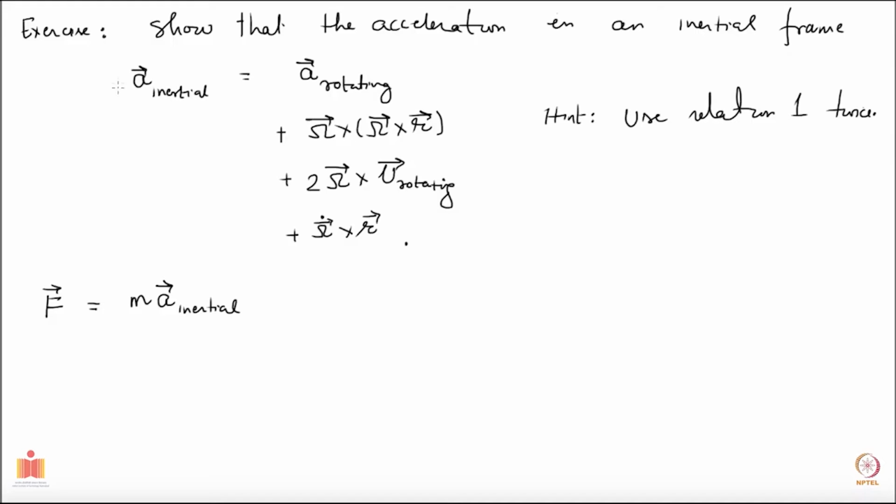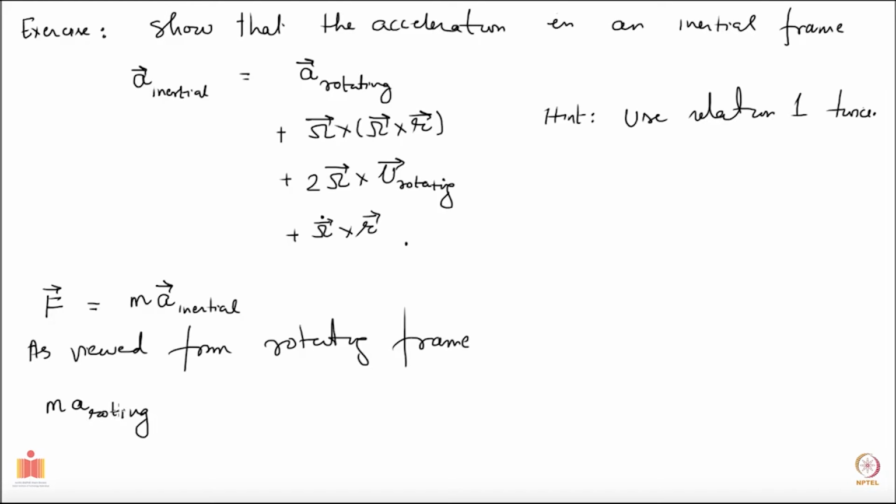And when I'm looking from, as viewed from the rotating frame, if I'm looking at the acceleration of that object and I multiply by mass, then I am looking at this quantity, M a rotating. So that's what you will see.